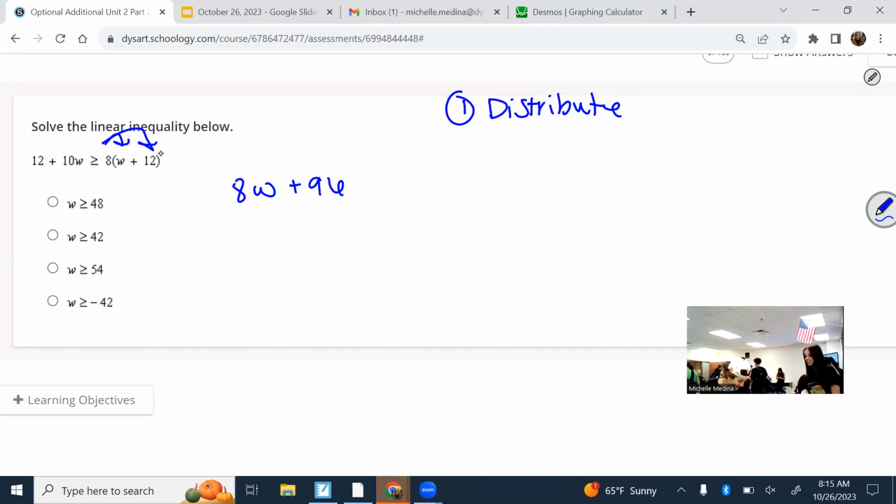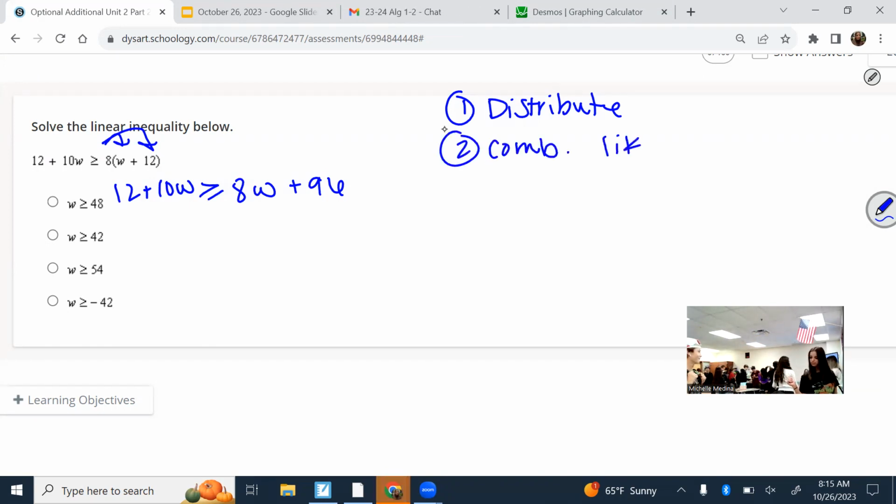All right, so there's that. So all we did was distribute. And then second step would be to combine like terms. But do I have any like terms to combine in this one? So then you move on to step 3, which is to move the variable to one side.